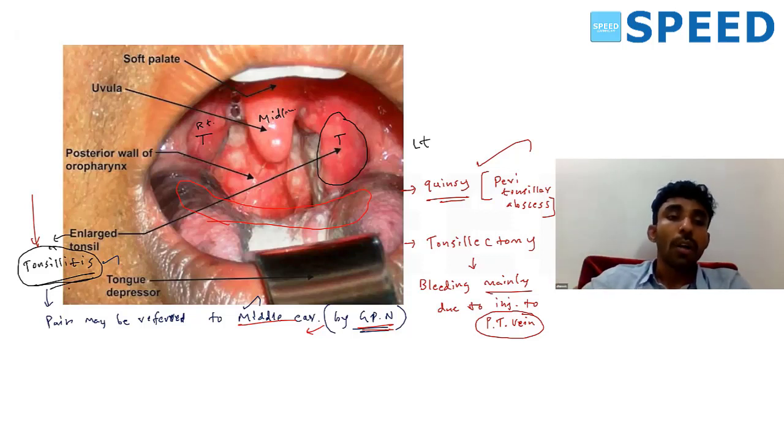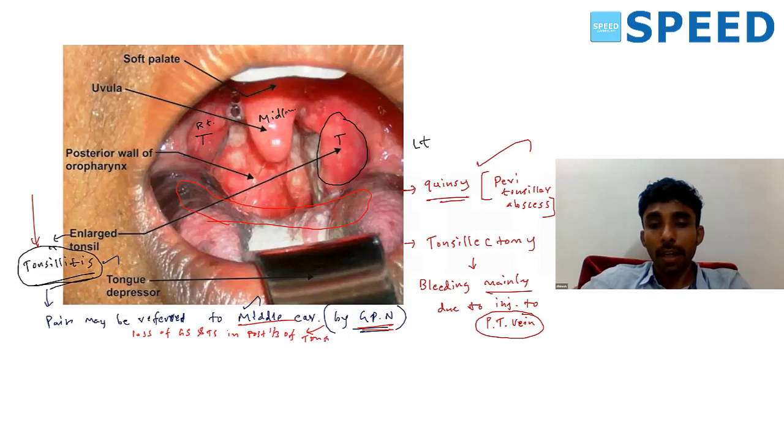So if there is injury to the glossopharyngeal nerve, there may be loss of general sensation as well as taste sensation. In which part of the tongue? Yes, in the posterior 1/3 of the tongue. There may be decreased or complete loss of sensation from the posterior 1/3 of the tongue.